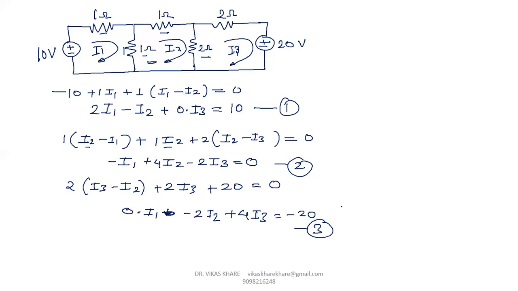The value of I1 is 4 ampere, I2 is minus 2 ampere, and I3 is minus 6 ampere. So this is the method of how to assess current through loop analysis.